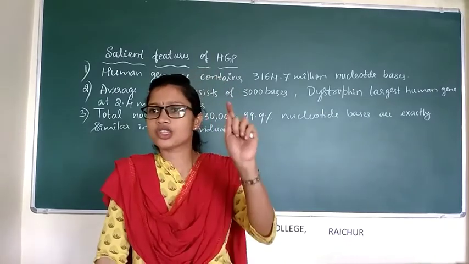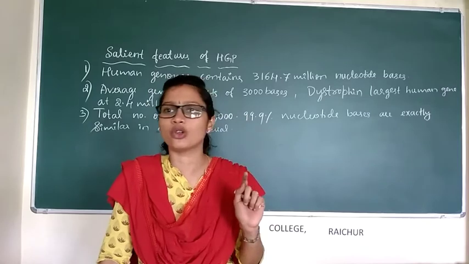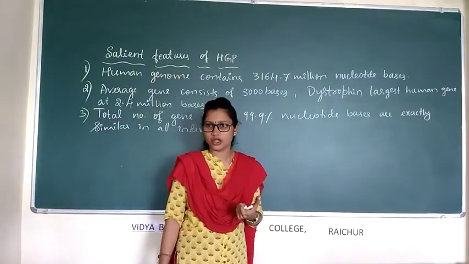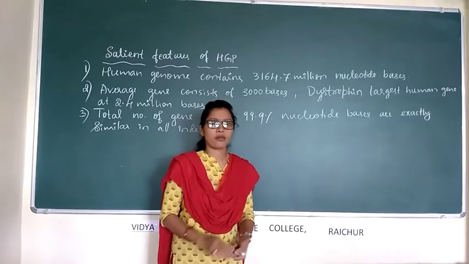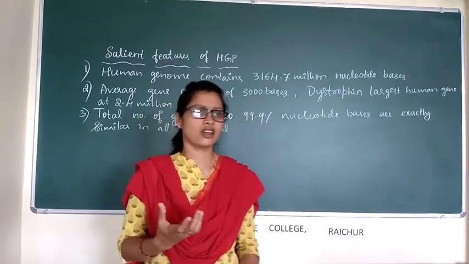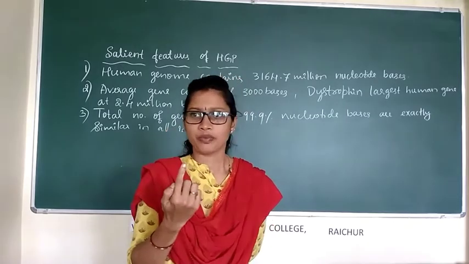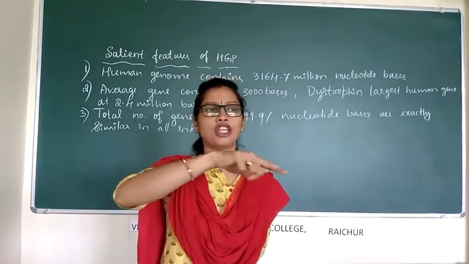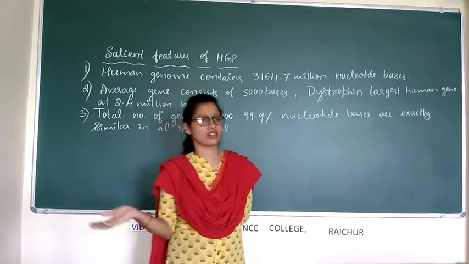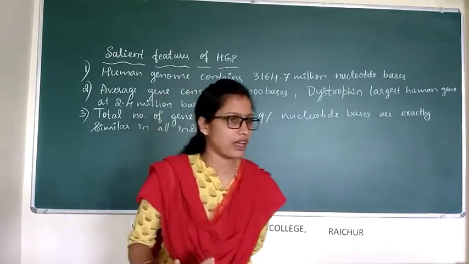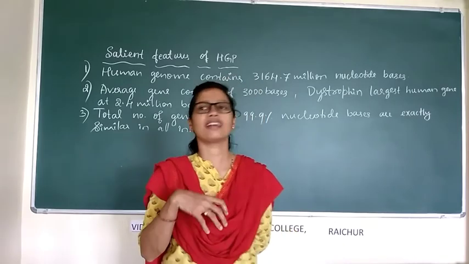Difference in just 0.1% of nucleotide bases gives specific identity to an individual. Because of the difference in 0.1% nucleotide bases, different individuals are different, maybe in external appearance or characters.